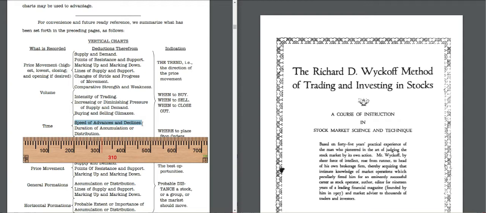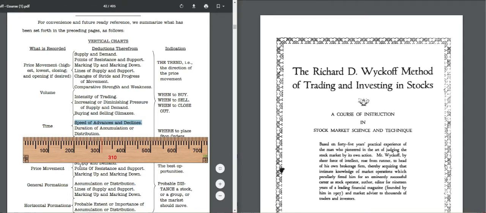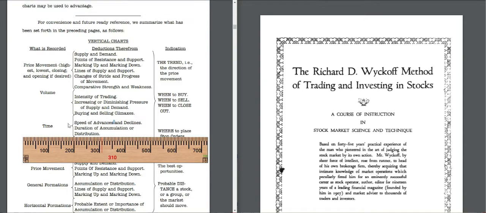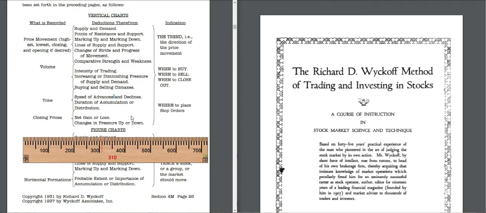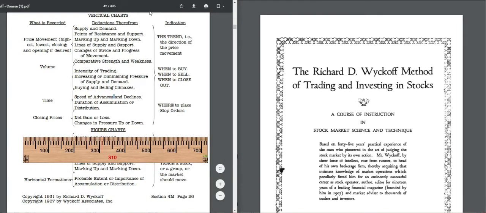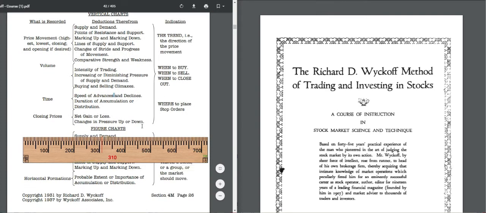So you'll see why time is a factor. So speed, I explained, is a function of time and price. It tells you whether the market is very active or dull. And all of this tells you buying, selling, trend, where to place orders.